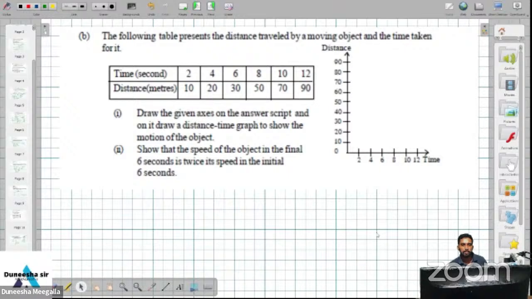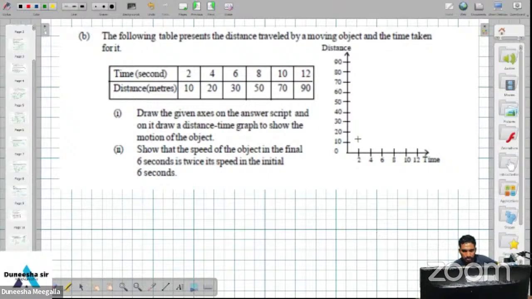Okay, the following table represents the distance traveled by a moving object and the time taken for it. Draw the given axes on your answer script and draw the distance-time graph to show the motion of the object.